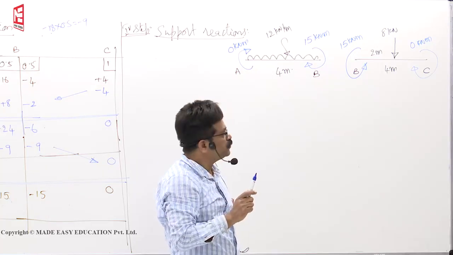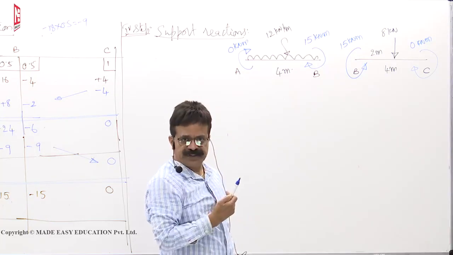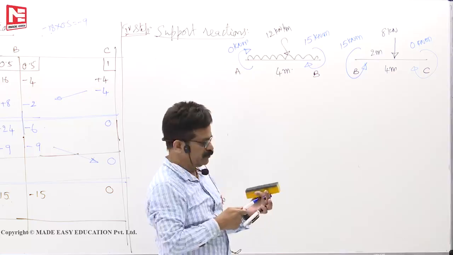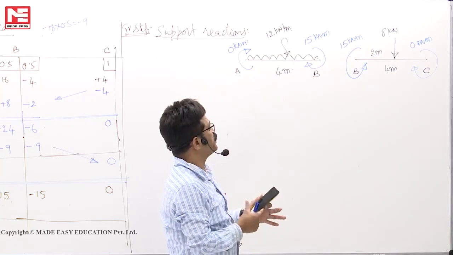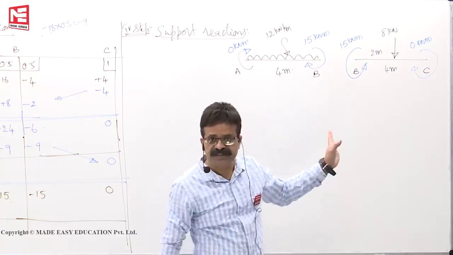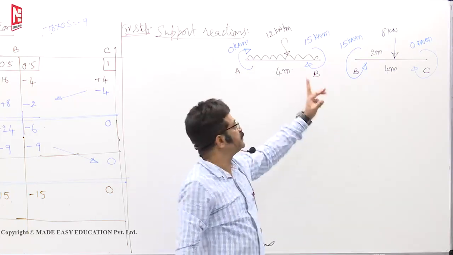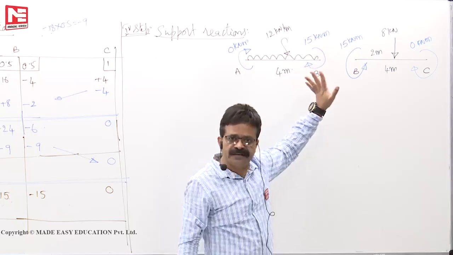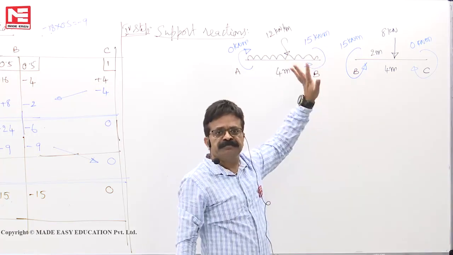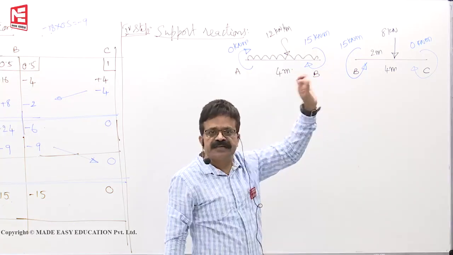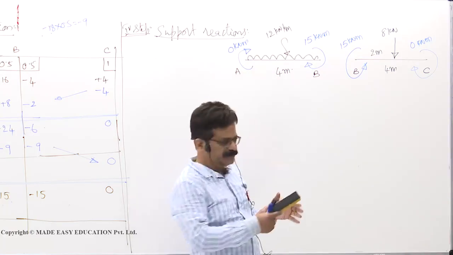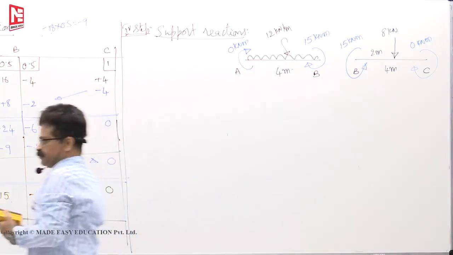The end moments which you have got from the end moment distribution, you must show them. These plus 15 and minus 15 are not fixed end moments. Those fixed end moments got distributed and settled at these values, and at this magnitude the beam, after rotating, is completely in equilibrium.